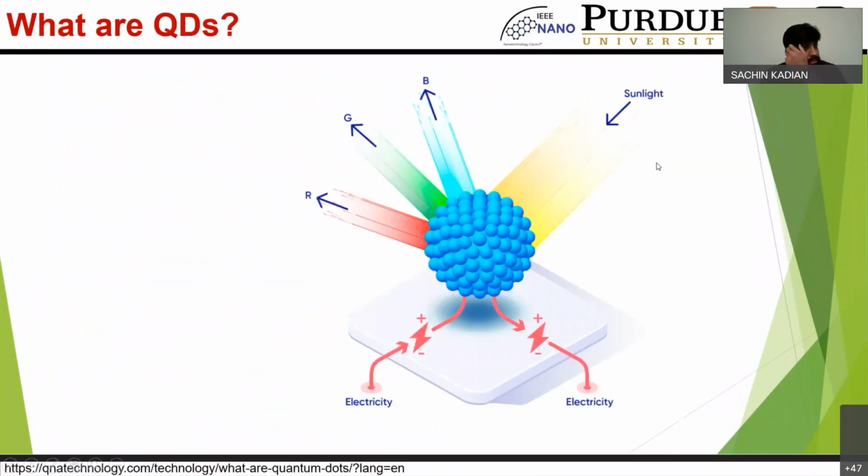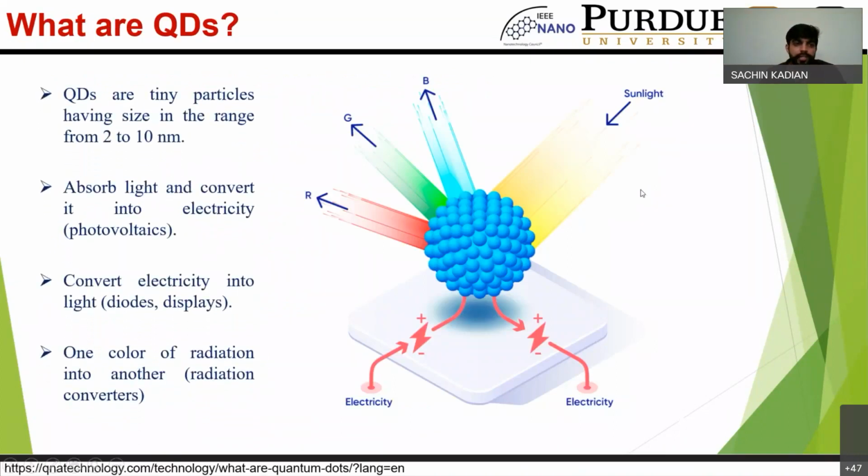The first question that arises here is, what are quantum dots? Quantum dots are tiny particles having a size in the range of 2 to 10 nanometers. They can absorb light and convert it into electricity, and they can convert electricity into different colors in light emitting diodes and displays, as we see every day in our life.